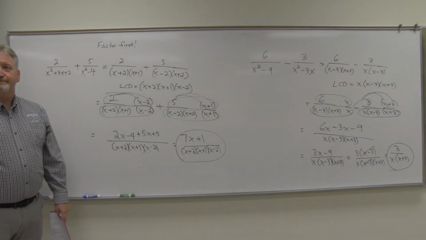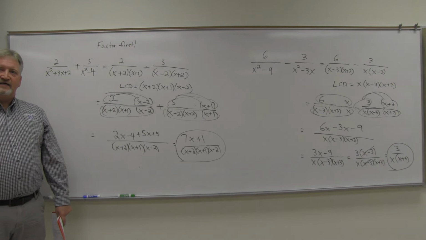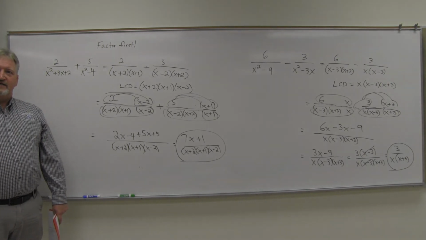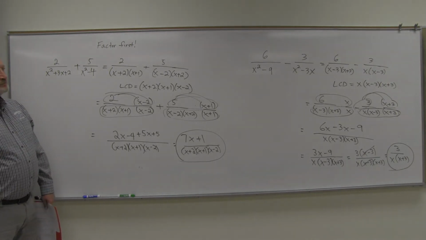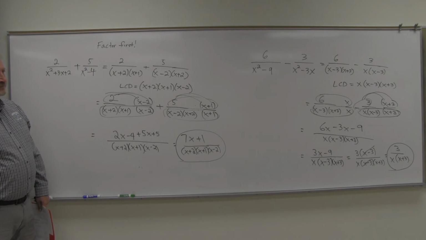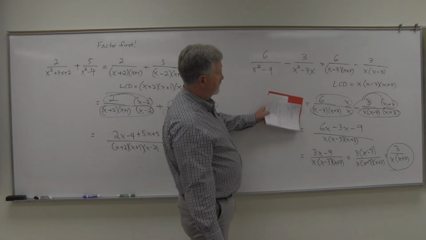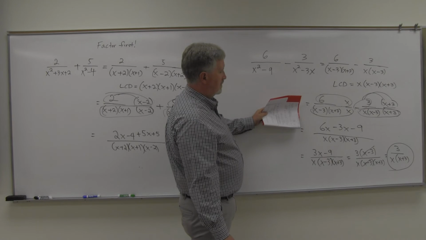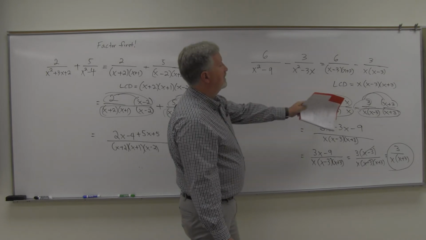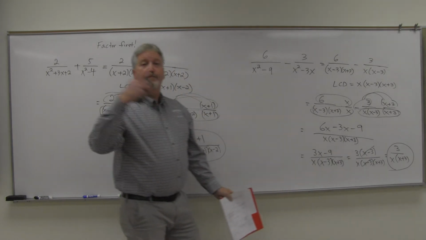Yes, sir? Since we're working with factoring all together, you wouldn't have been okay with 3 parentheses x minus x plus 3 ending parentheses? Say it again. Right here? Yes. You wouldn't have been okay with negative 3 parentheses x plus 3? Yeah, you need to multiply those.